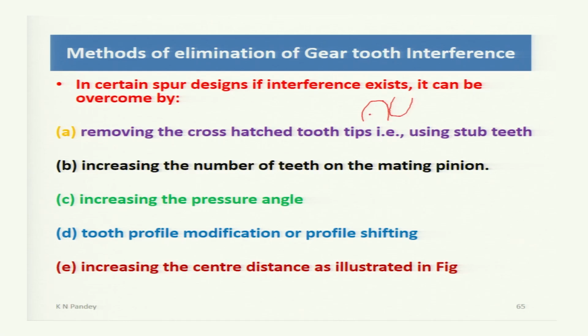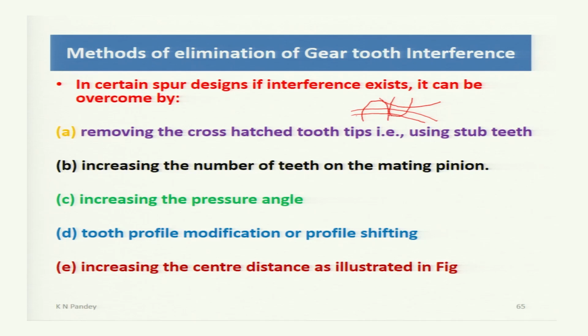Now it is clear that if the base circle of this gear is this one, and the pitch circle of this is this one, then the portion of the gear tooth below this will be non-involute, and this is involute because it is the addendum part, and this is the part below the base circle.